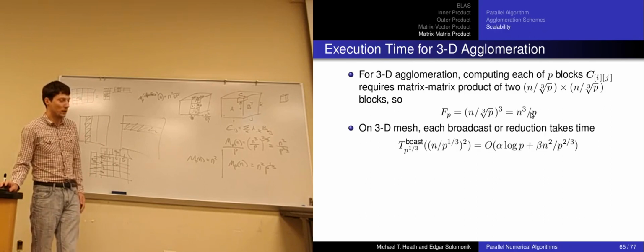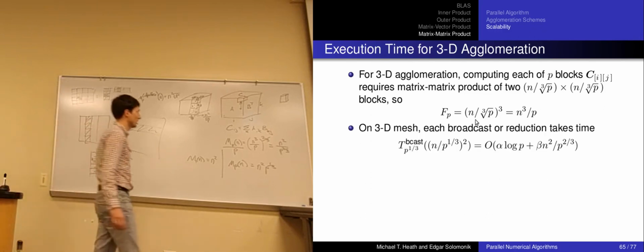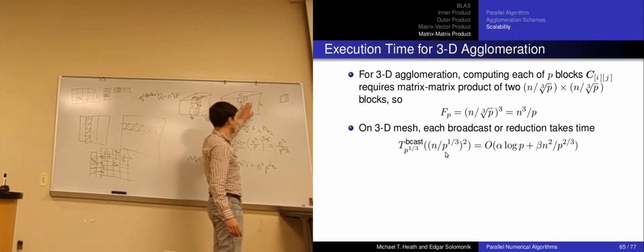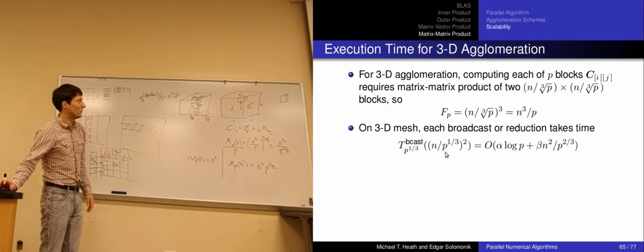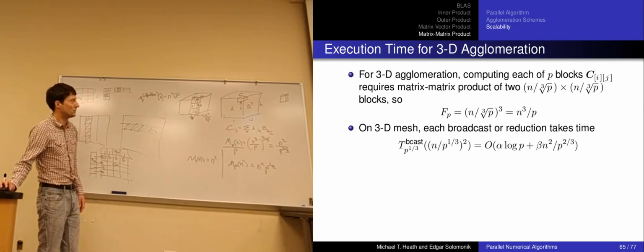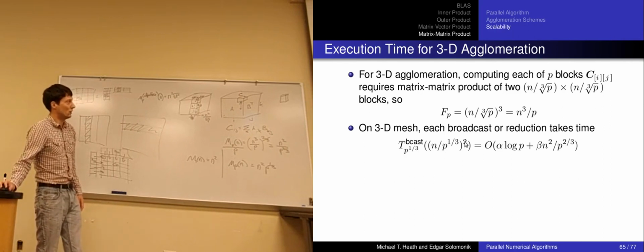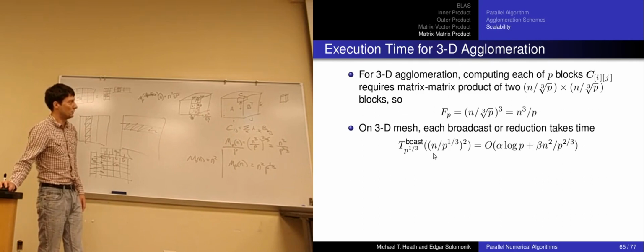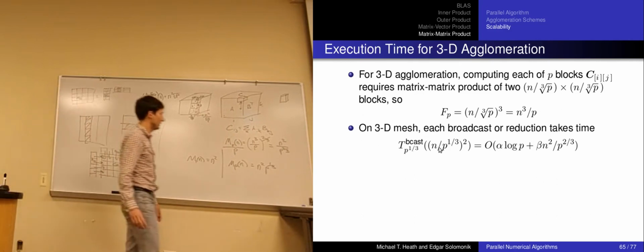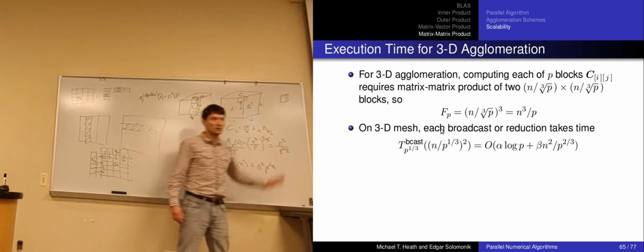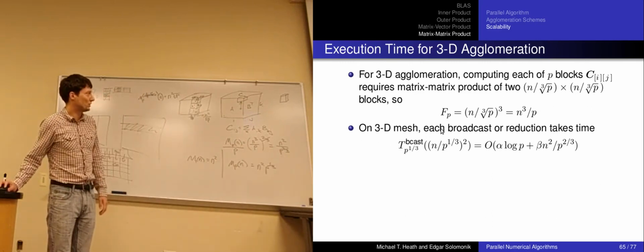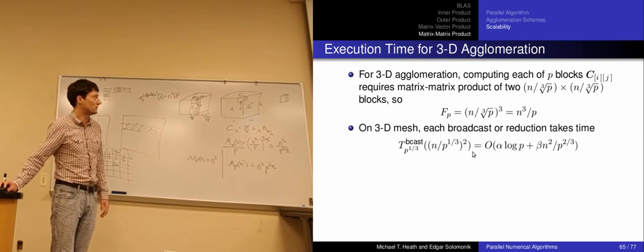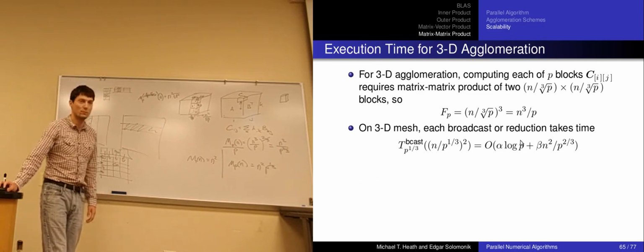Then our broadcast and reduction, assuming that initially A and B are distributed on a face of a 3D processor grid, is given by the cost of 2 broadcasts, each working on a block of size n^(2/3), effectively the same size as the face, which in asymptotic notation is alpha log p plus beta n^(2/3).